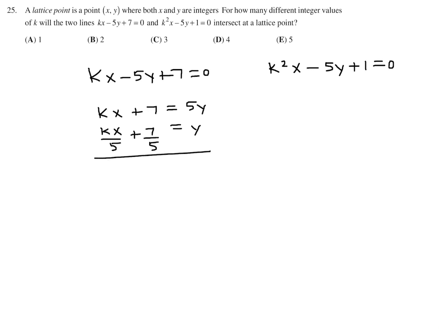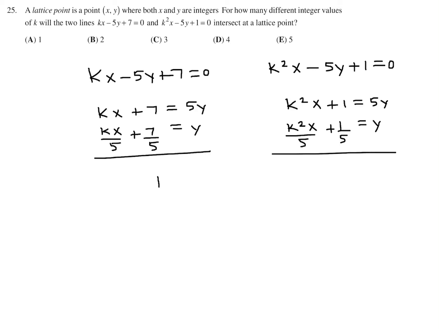That's our first equation. Next one, we'll have k squared x plus 1 is equal to 5y, and very similarly, y is equal to k squared x over 5 plus 1 over 5. We got two ways of representing y, so you let them equal to each other. kx over 5 plus 7 over 5 is equal to k squared x over 5 plus 1 over 5.